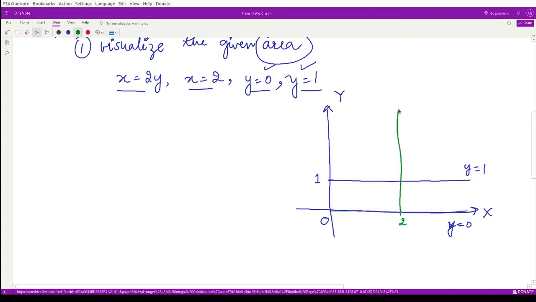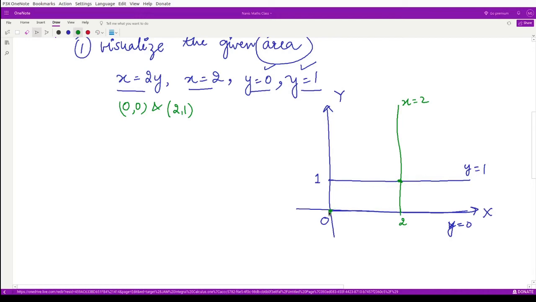So x is equal to 2 would be this line, and x is equal to 2y. So it passes through the point 0, 0, and it also passes through the point 2, 1. Right? Whenever you substitute x as 2, the value of y is 1. So one point is this one, another point is 2, 1. So your line passes through exactly these 2 points, right?